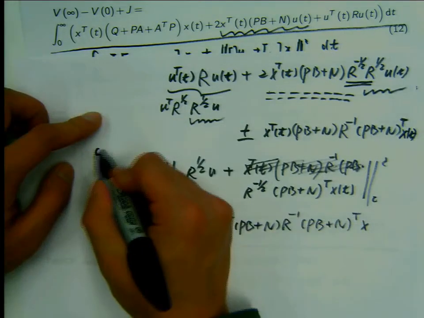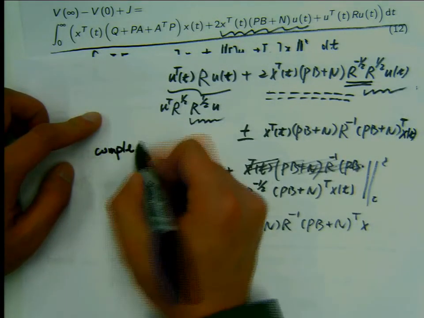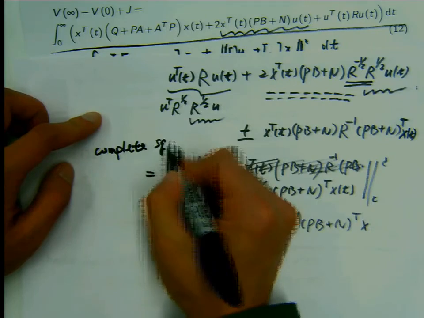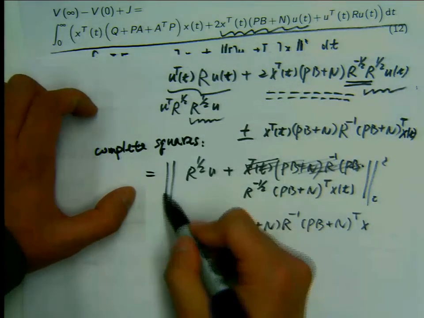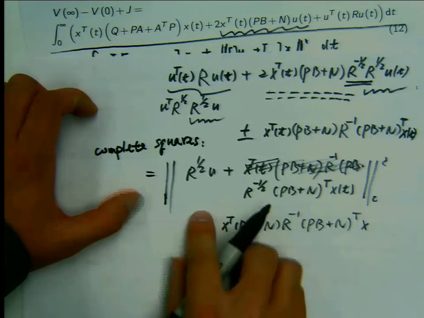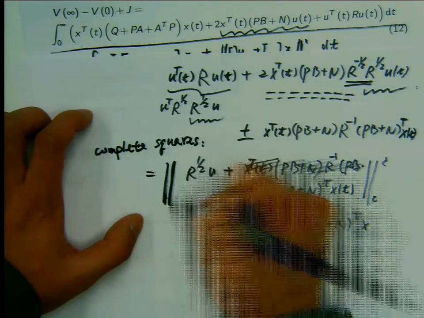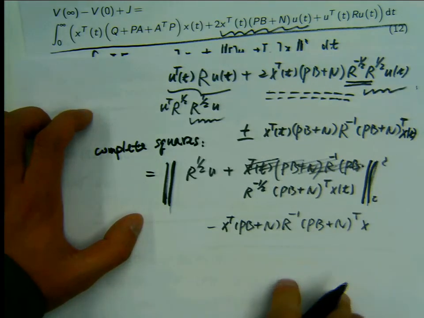This is essentially completing the squares. I introduced a quadratic term of u and x over here.